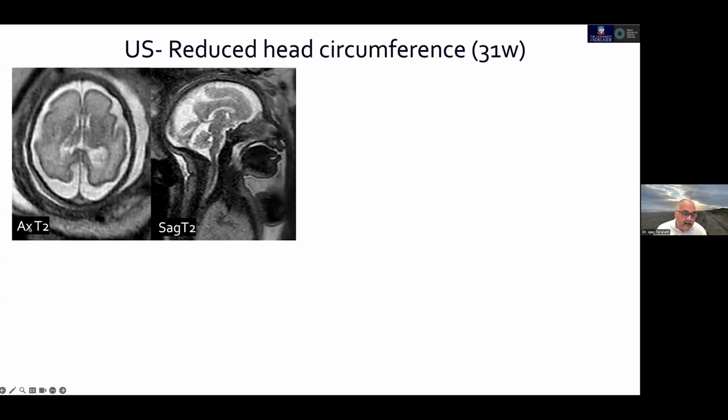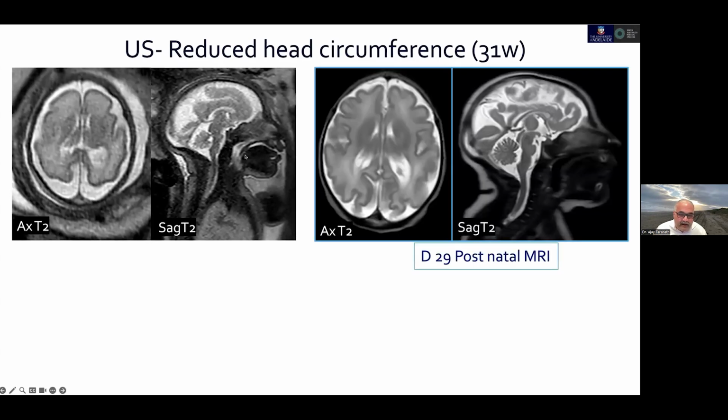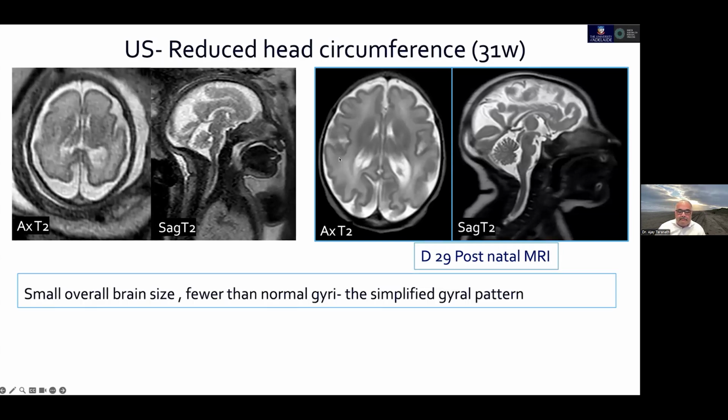So we have an axial T2 and a sagittal T2 here, which shows a simplified gyral pattern, a normal cortical thickness, a reduced neuroparenchymal volume, and a craniofacial discordance. And that was confirmed on a day 29 postnatal MRI.